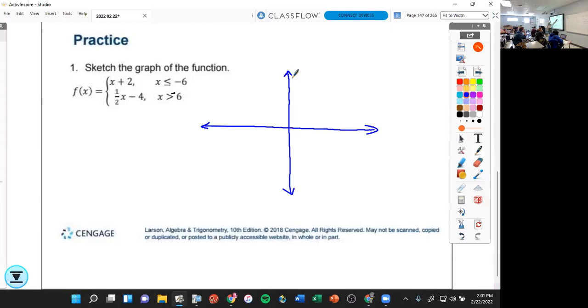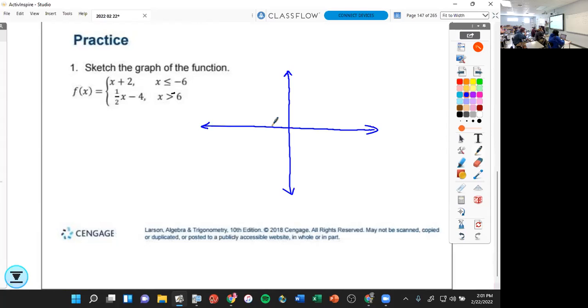Like that. So it's going through 2 with a slope of 1. So going through 2. So let's plug in -6. If I plug -6 into that, -6 is my starting point for this, right? Does that make sense? Graphing backwards.